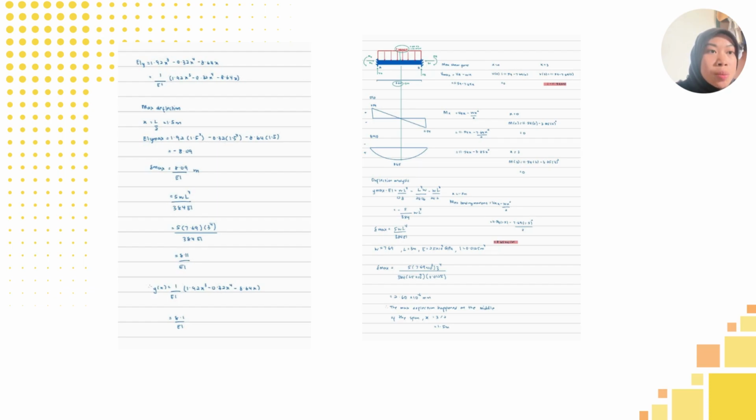In conclusion, the beam analysis has successfully demonstrated that the beam is structurally adequate under the given loading conditions. The calculation of support reaction, shear force, bending moment, stress and deflection confirm that both strength and serviceability criteria are satisfied. This analysis provides the confidence that the beam design is safe and suitable for practical application.